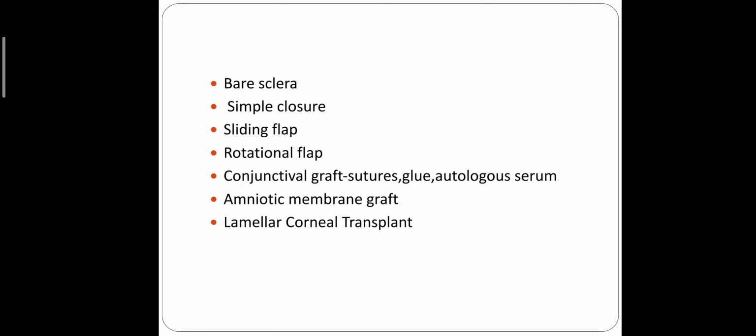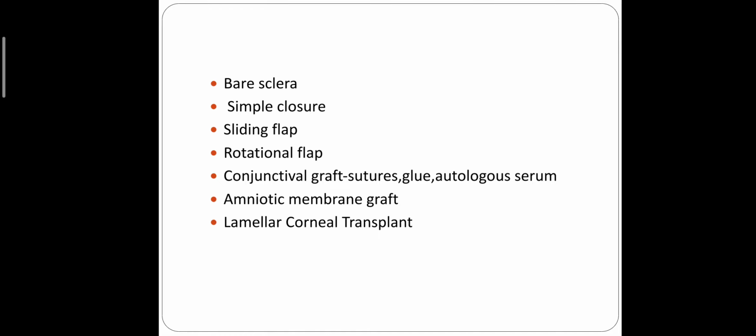So what are the methods used to stick the graft? Previously they used sutures, and later on they started using fibrin glue. The disadvantage of fibrin glue is that it is costly compared to sutures.